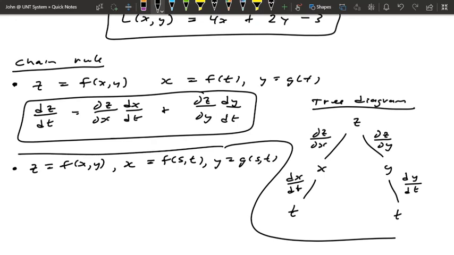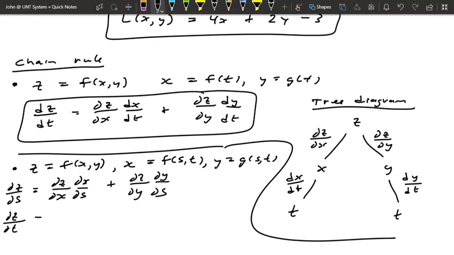Then the chain rule is going to say del z del s equals del z del x times del x del s plus del z del y times del y del s. And the same with the other variable, t: del z del t equals del z del x del x del t, plus del z del y del y del t.